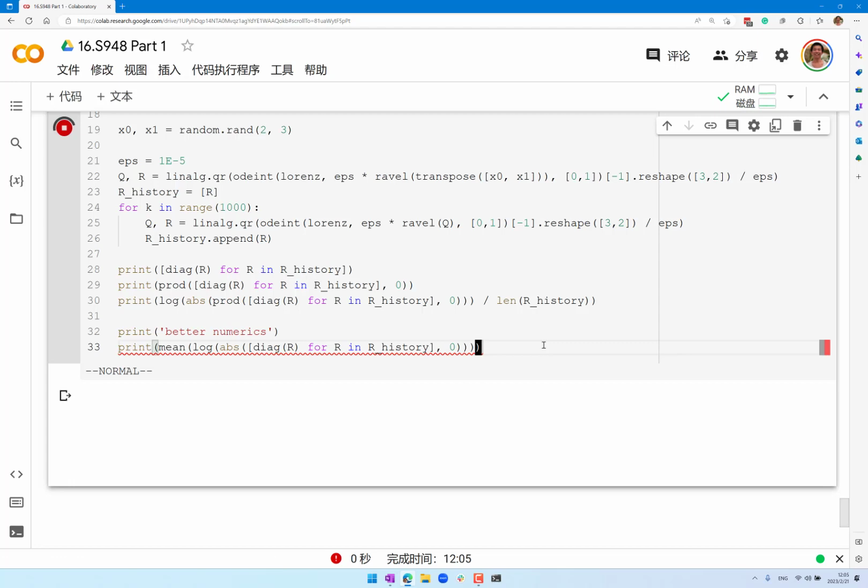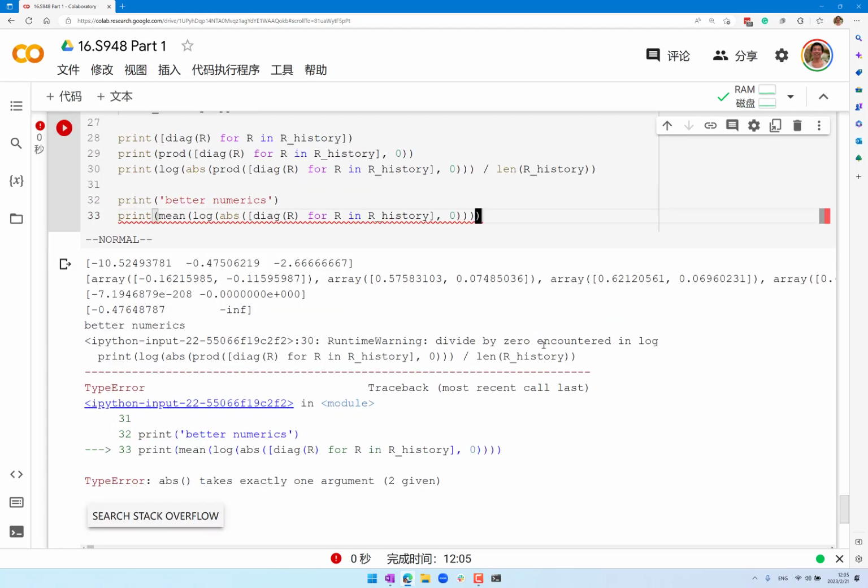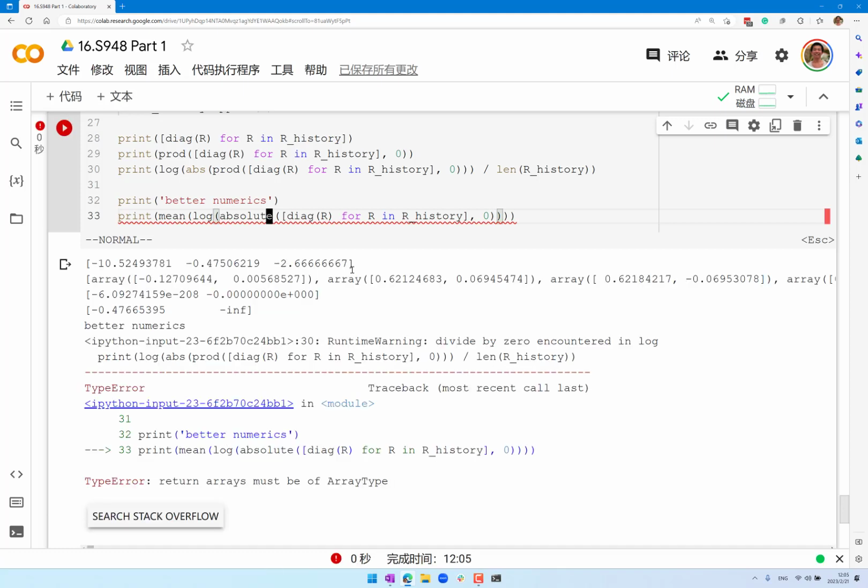Let's see what we get. Absolute value. I think that's numpy's. The return array must be of array type. I think my 0 got fed into the wrong place.